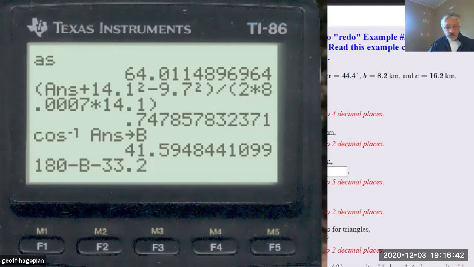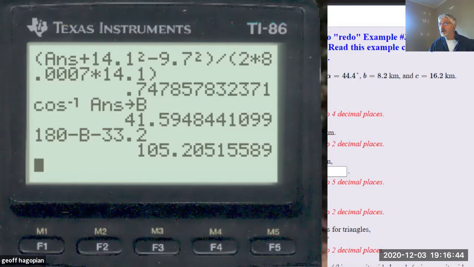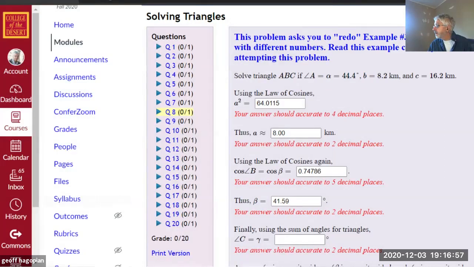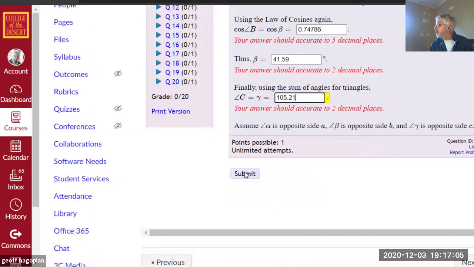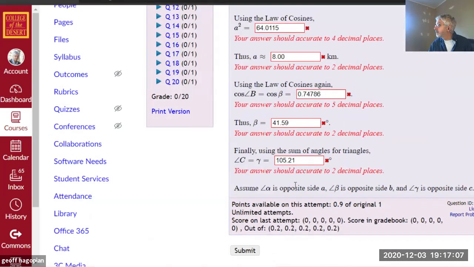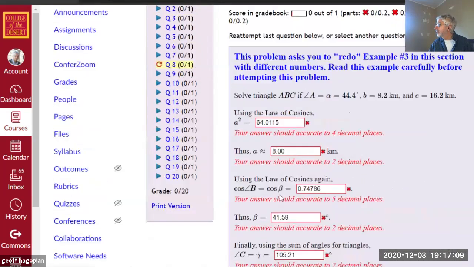So that's good, this could be an obtuse angle. Yeah, this is obtuse. That's 105.21 to 2 decimal places, I guess. And we'll submit that.